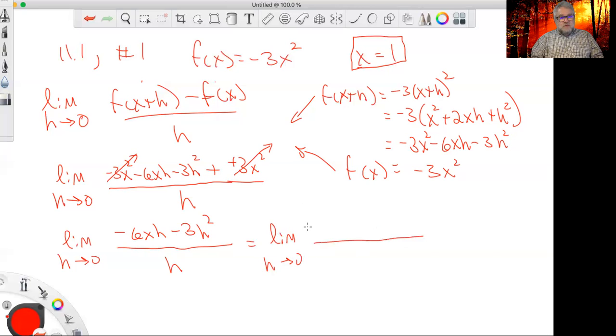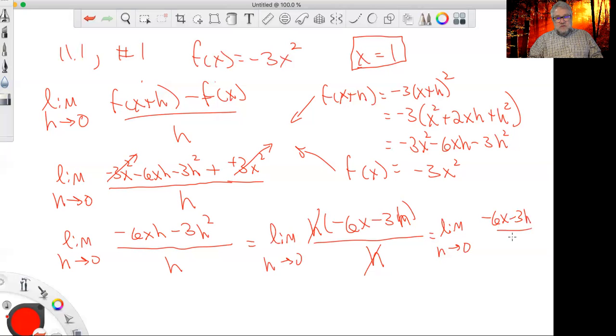So I can write this as h times minus 6x minus 3h all over h. Cancel, cancel. I'm going to get minus 6x minus 3h over, that's it, because we canceled out the denominator.